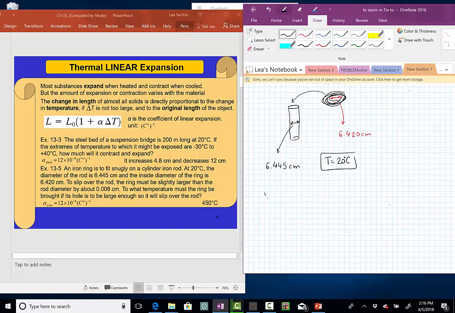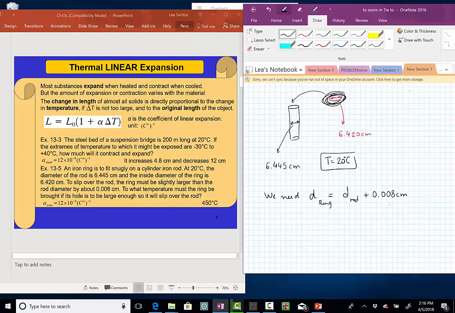So what do we need? We need the diameter of the ring to be the diameter of the rod plus 0.008 centimeters. So if this is satisfied, we'll be able to put this ring around the rod smoothly, easily.